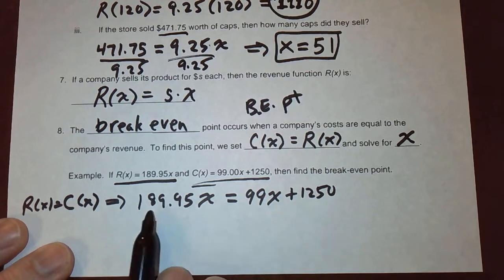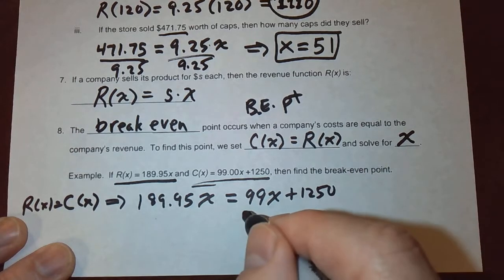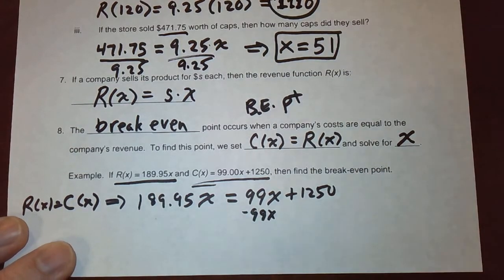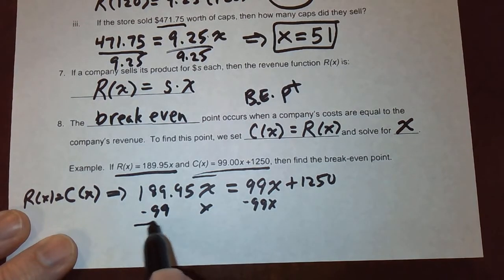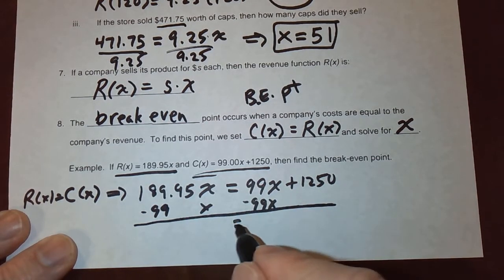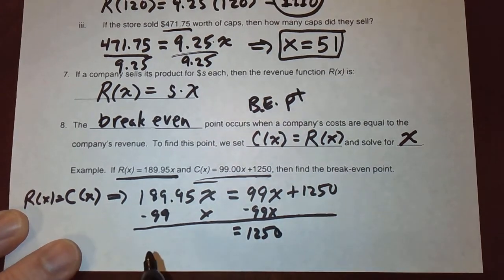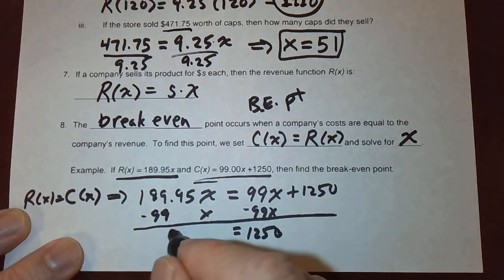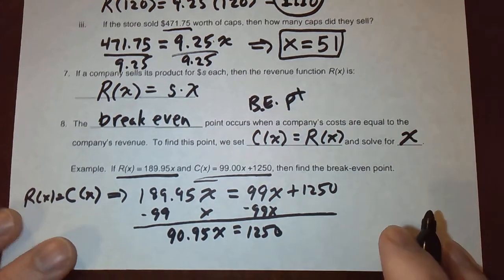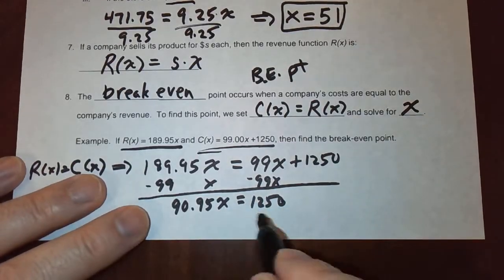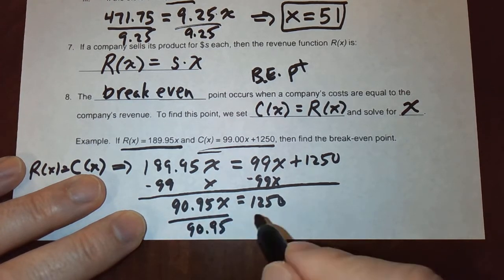The only variable in this is an x, so we'll be able to solve for x. So I'm going to subtract 99x from both sides. On the right-hand side, that's easy, we get 1250. And on the left-hand side, we get 90.95x. So we're going to divide both sides by 90.95 to get x by itself.